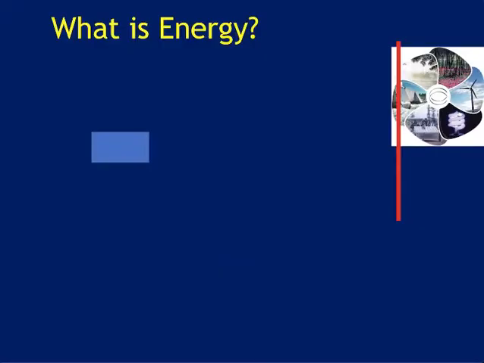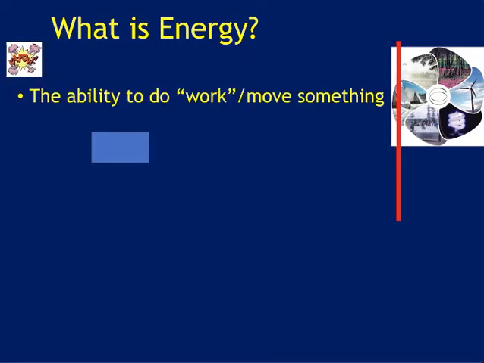Now, the first thing we have to understand is what is energy. And we're doing physics, and physics isn't always very logical. So you might think, well, I eat chocolate bars to get energy, and what does that do for you? Well, actually that makes you move, it makes your blood flow, and things like this. So in physics speak, energy is the ability to do work.